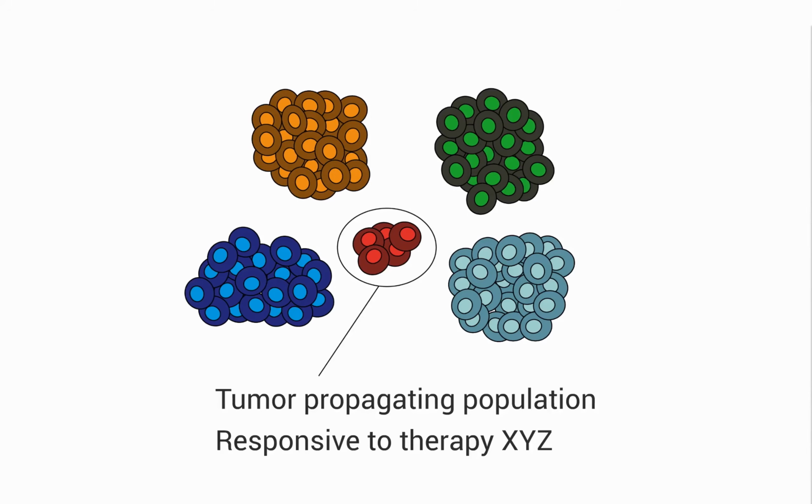This targeted approach hits the tumor where it is most vulnerable. The tumor is also much less likely to develop resistances against a targeted therapy, leading to fewer or no recurrences. So single-cell RNA sequencing might provide an accelerated path to a cure for many cancers, especially those with complex compositions.